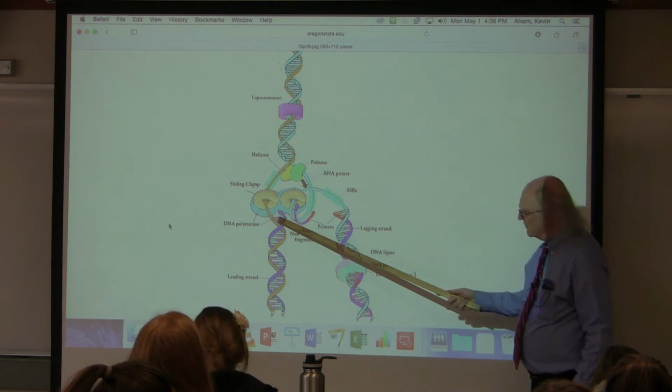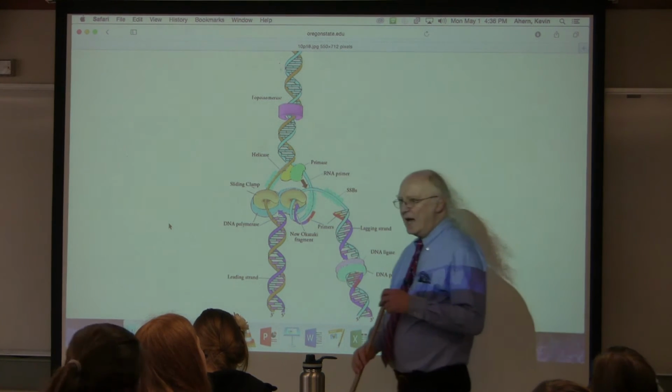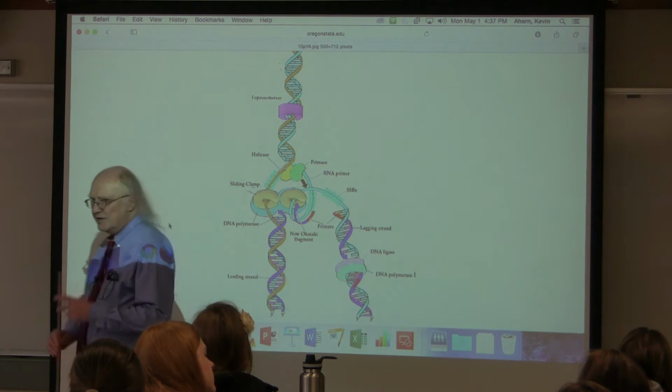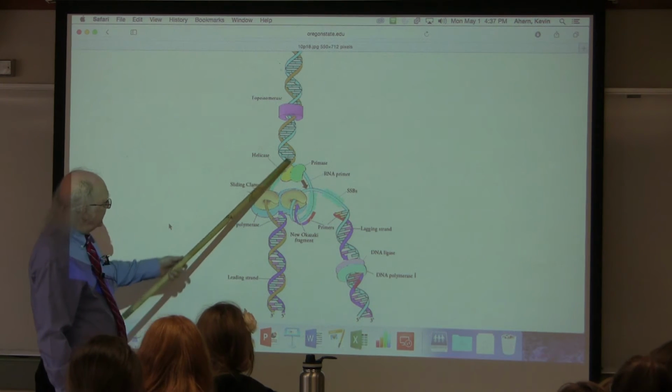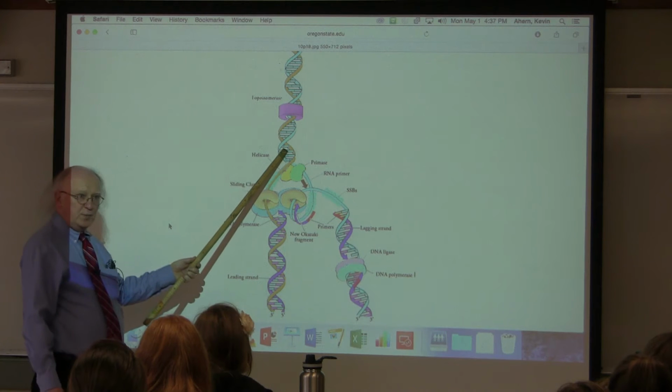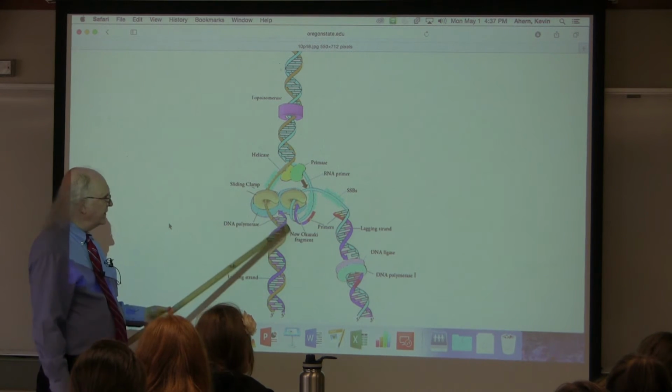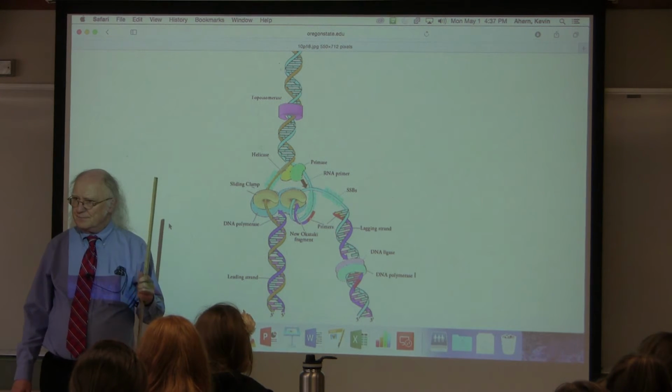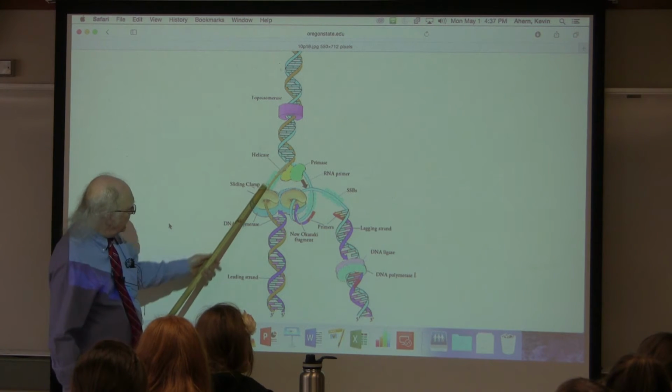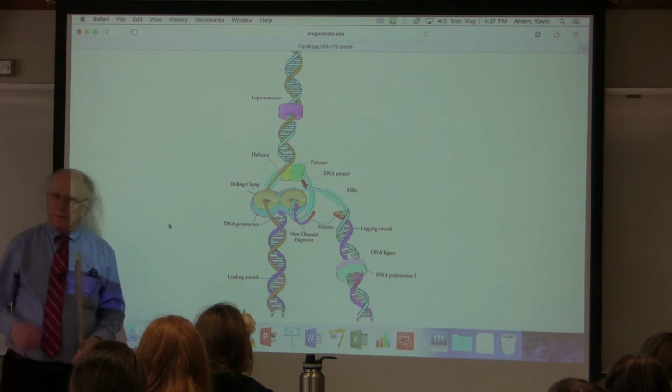Okay, now what else is at the replication fork? Well, let's think about what has to happen at a replication fork. I said, well, this guy just goes along synthesizing in this direction, but of course, this is a duplex up here. How did the strands get apart? And how does the polymerase have a single strand to work on?